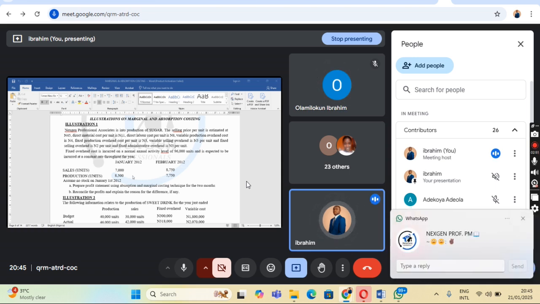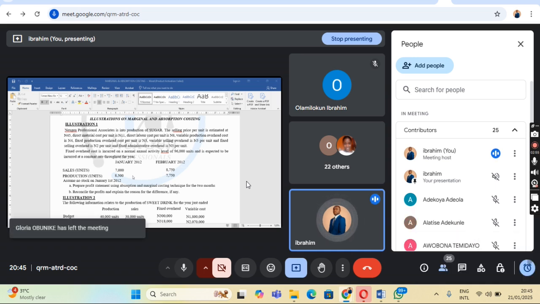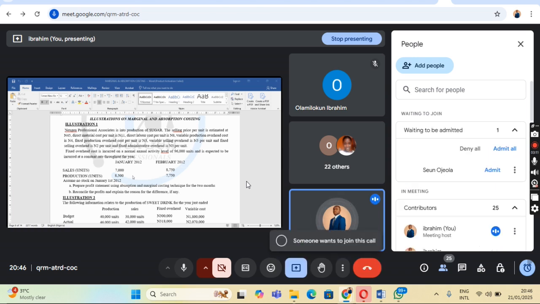You see, performance management is based on analysis. We in Next Gen Professional Associates will teach you performance management. You will not only score 50, you will score above 50. Just pay attention to detail. Now, look at this question here.